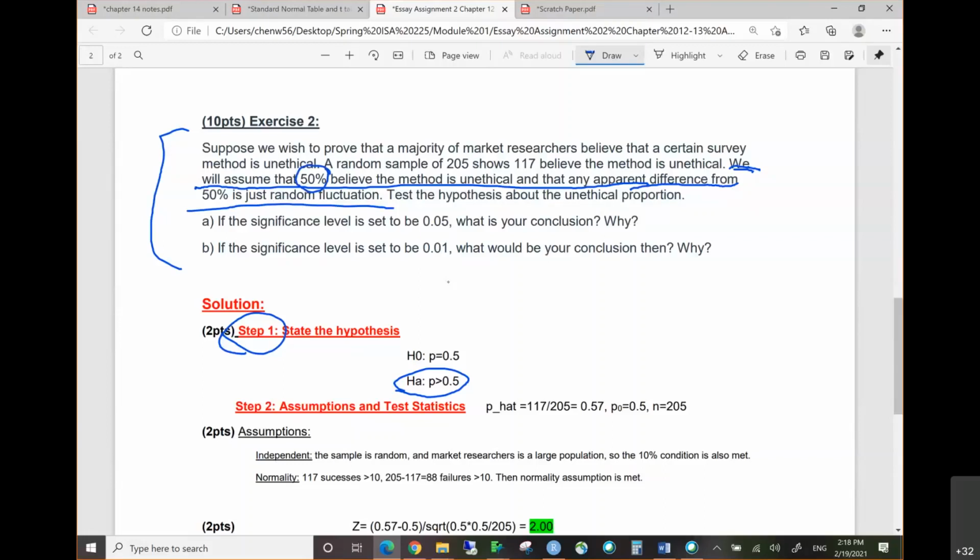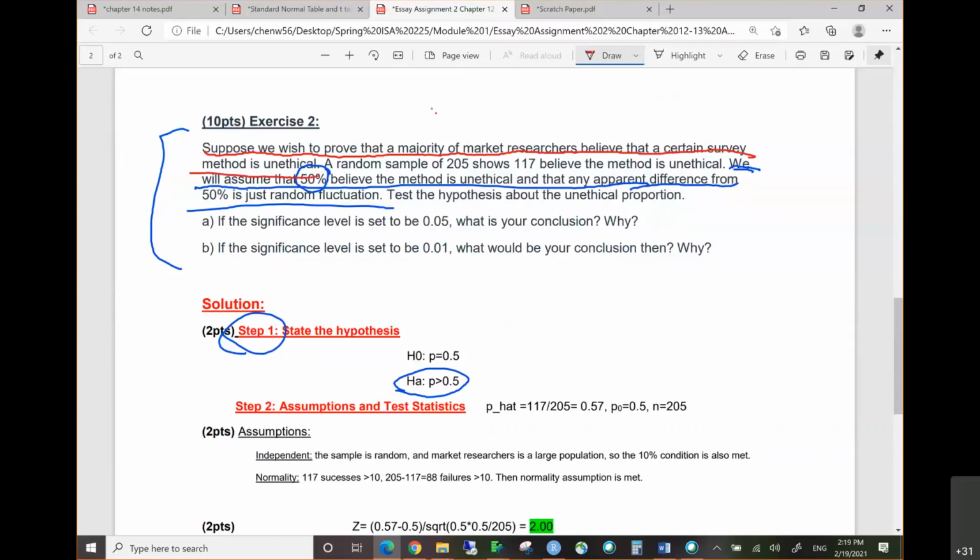It didn't tell you what we want to test. Right? So what do we want to test really? When we read the first sentence, suppose we wish to prove that a majority of market researchers believe that a certain survey method is unethical. This is the thing we want to test, right?